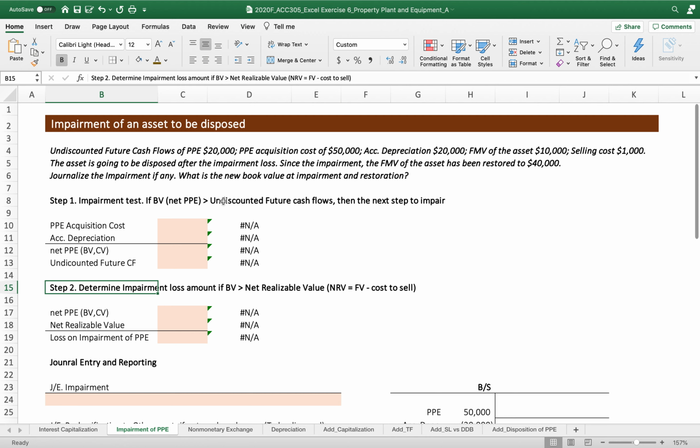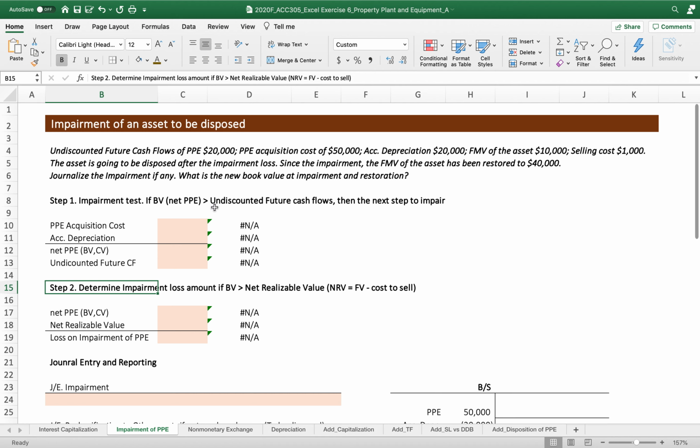Any kind of asset, the reason why the company has an asset on hand is to produce something or to make some probable future benefit. So we calculate these future cash flows generated by this asset and discount. But in this case, for the impairment test, we do not discount these future cash flows, unlike corporate finance.